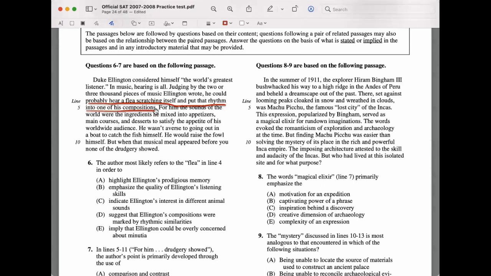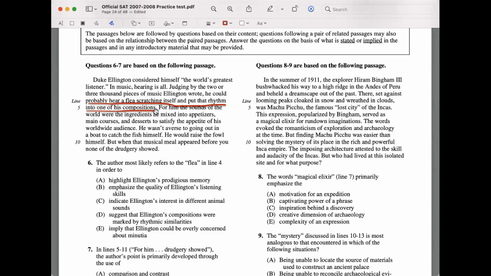And then the paragraph describes his work by comparing it to that of a chef, or of somebody who prepares a meal. That the sounds of his world were the ingredients he mixed into appetizers, main courses, and desserts.